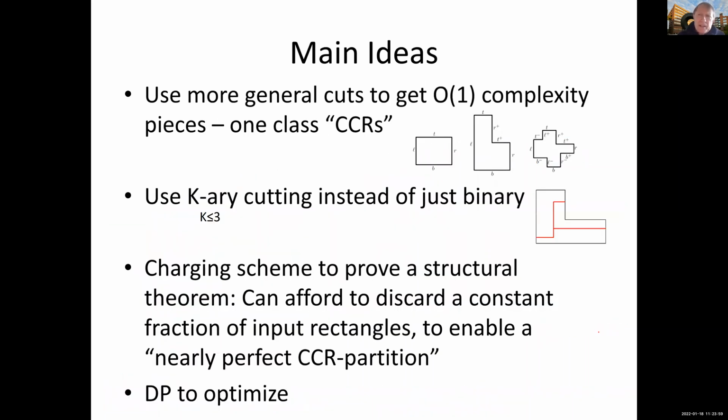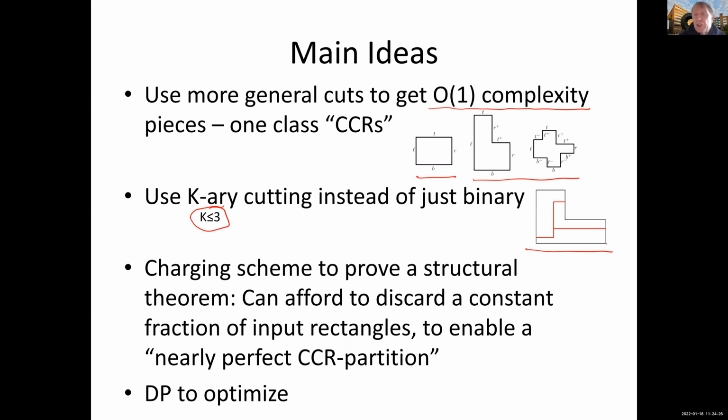So the main ideas in this paper are, first of all, we're going to generalize cuts from just axis-parallel lines to cuts of constant complexity. And the regions that we get then are not necessarily just rectangles, but there'll be other shapes, what we call corner clipped rectangles, CCRs. We're also going to generalize from binary space partition to a K-ary partition, with K at most 3.